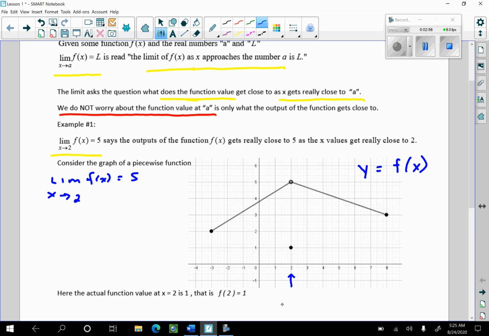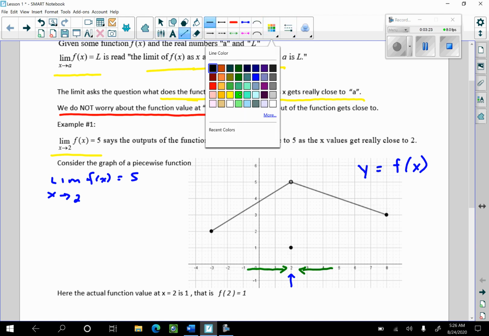What this limit says is, as the x values get really, really close to 2, from the left and from the right, and we'll discuss those right and left-handed limits, what do the y values get close to? If I take this x value and shoot up here, let me do a very light line.